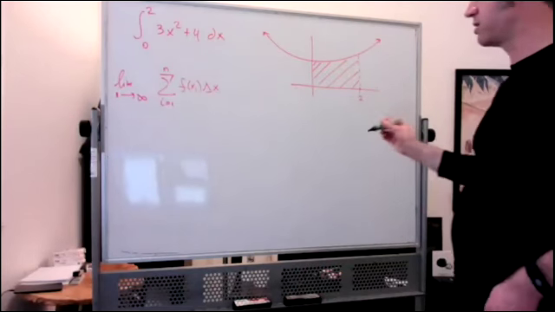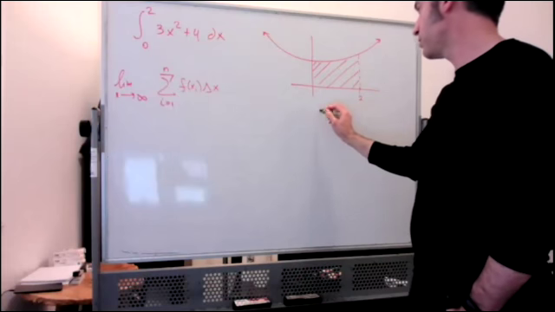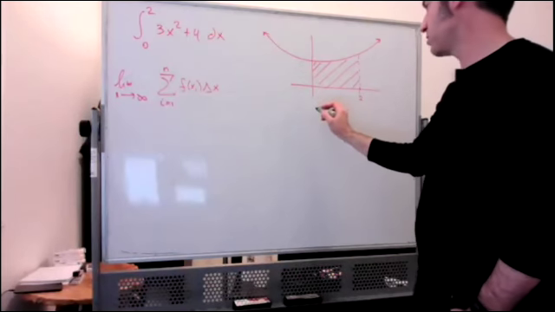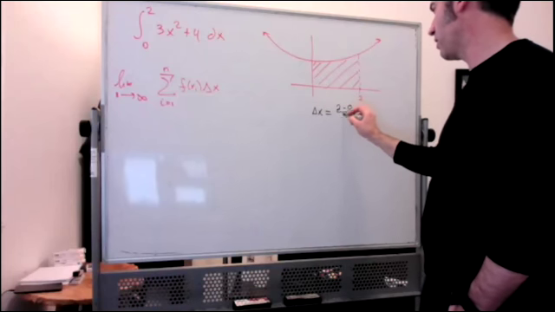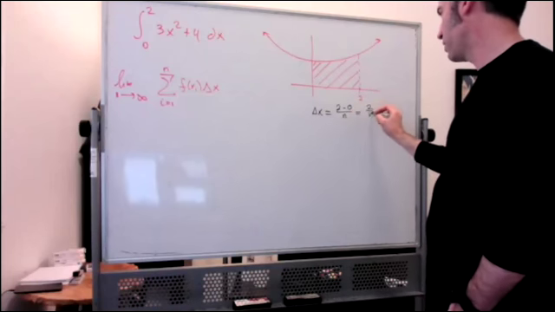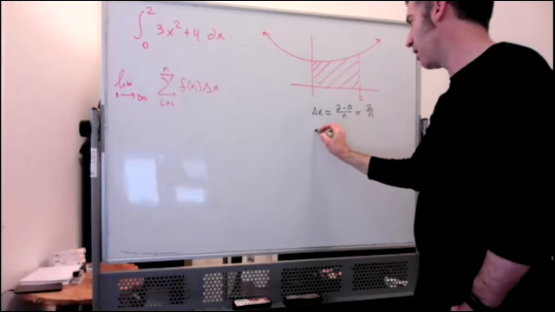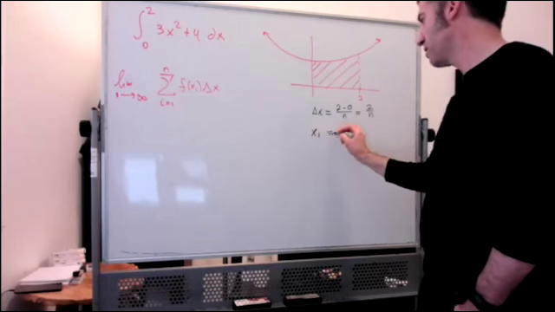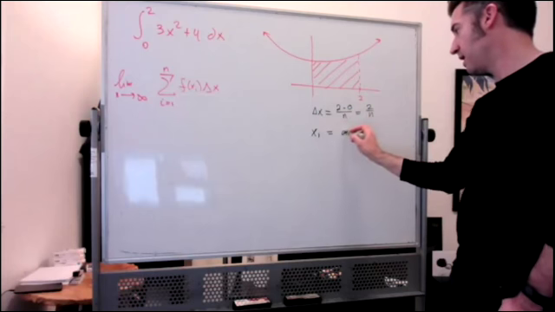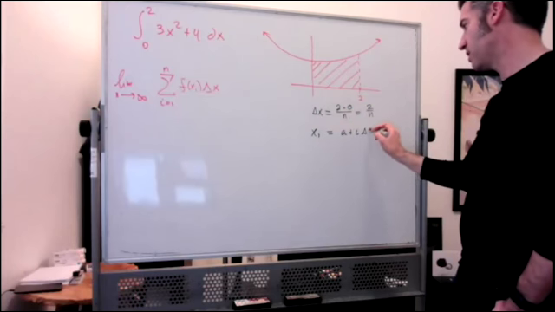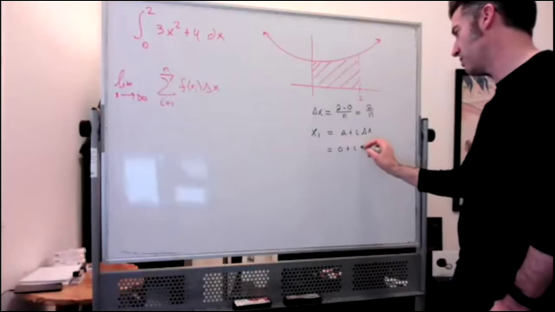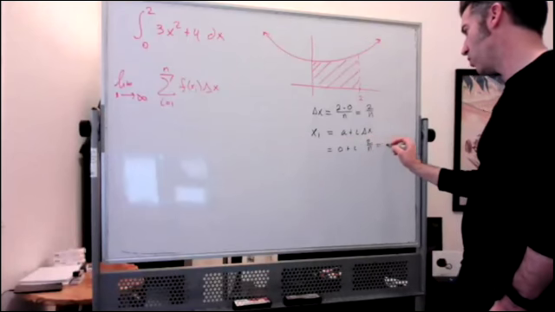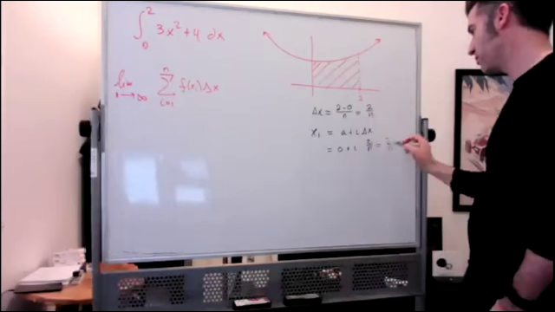So over here, let's do the function last. Delta x is b minus a over n, which is 2 over n. x sub i is a plus i times delta x, which in this case is 0 plus i times 2 over n, or just 2i over n.